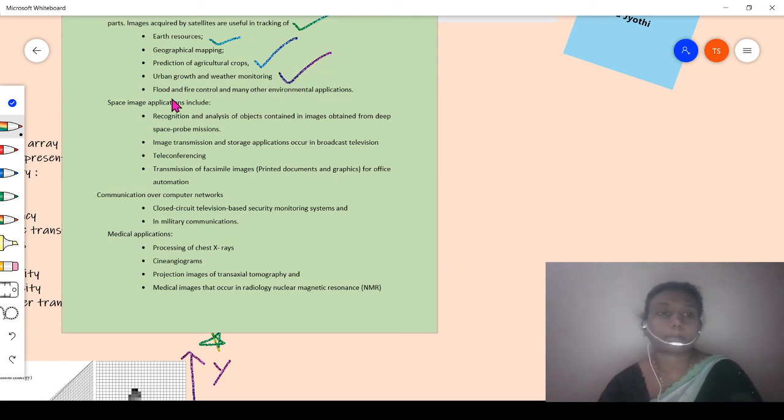All these are very important, and in many more applications we are using image processing.